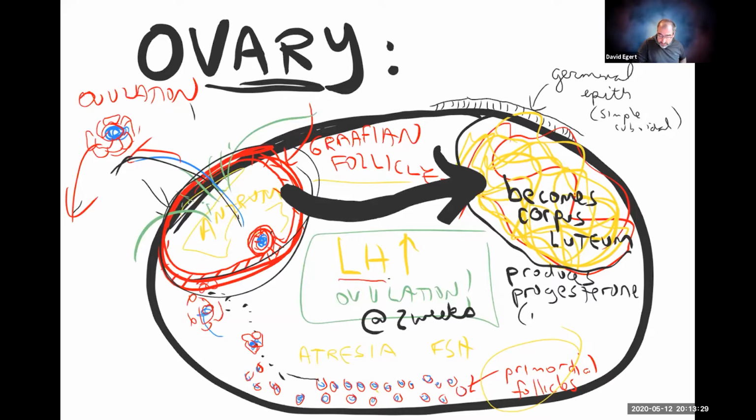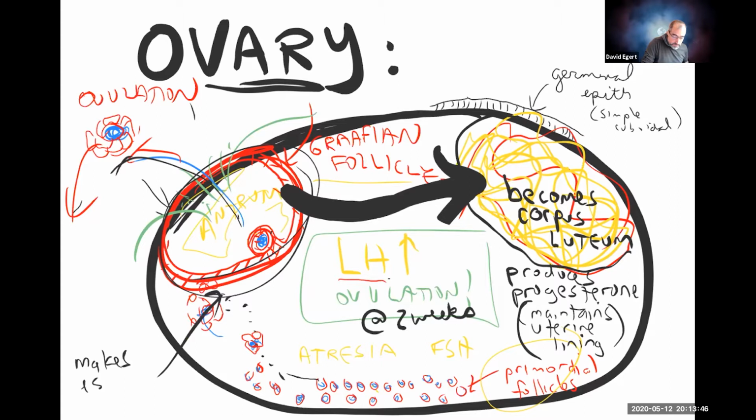And this is what maintains the uterine lining. The follicle, on the other hand, makes estrogen, which kind of develops the uterine lining.